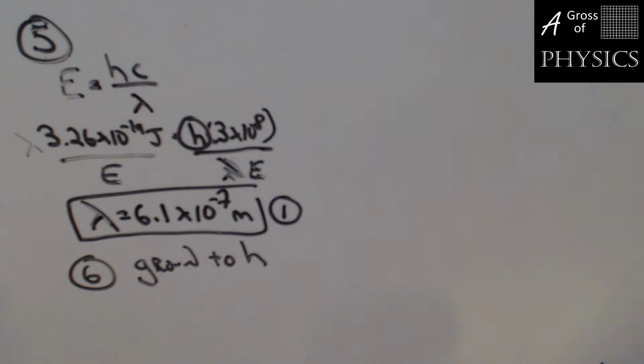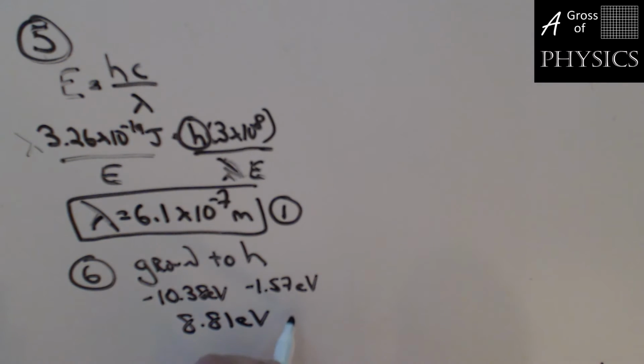If we look at the reference table, we'll see mercury in the ground state is negative 10.38 electron volts, and in level h, it's negative 1.57 electron volts. And what you do is you find the difference between the two. 10.38 minus 1.57 is 8.81 electron volts. And let's see if the answers are in electron volts. And they are, and it's just choice 2.